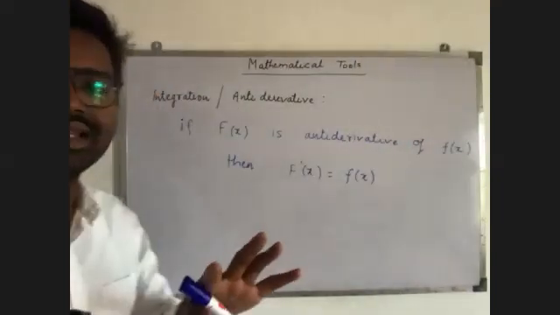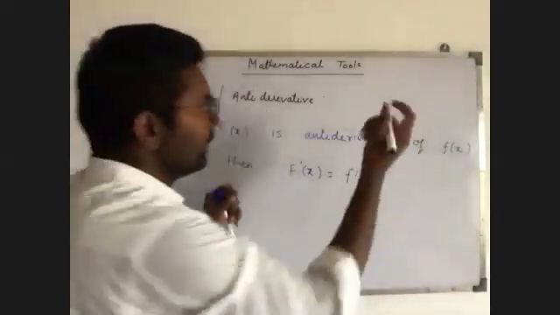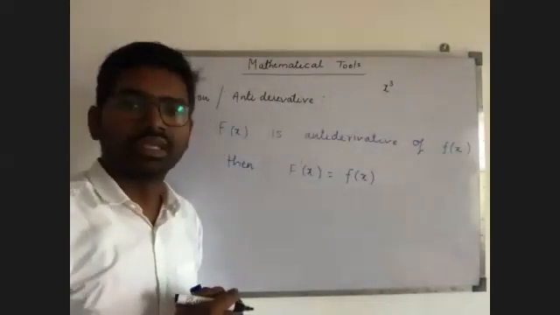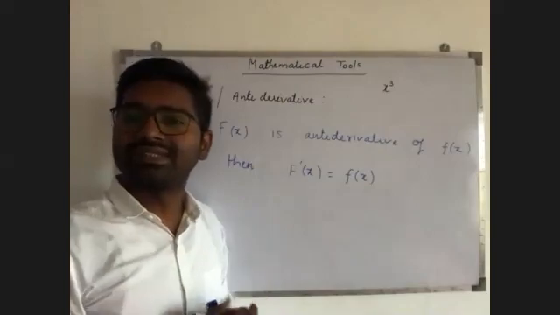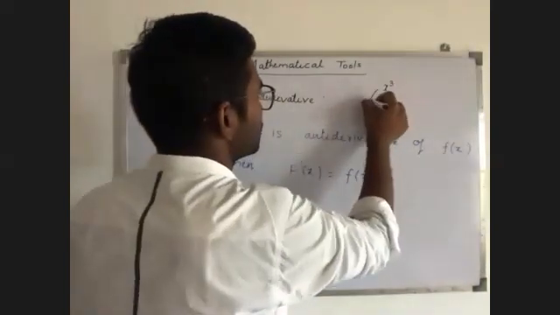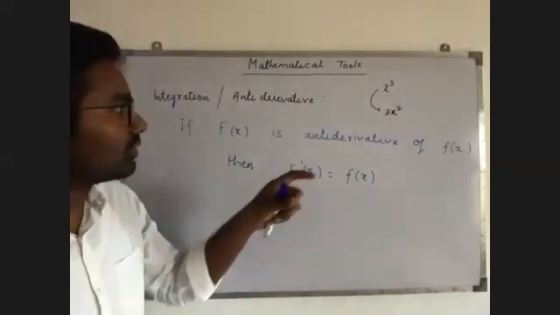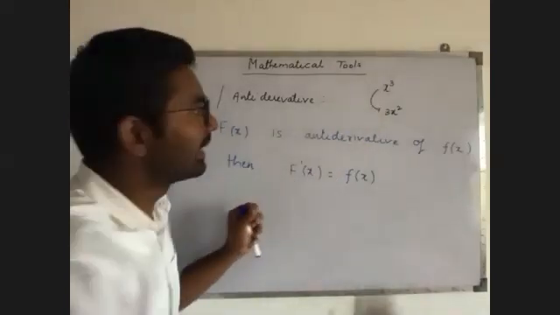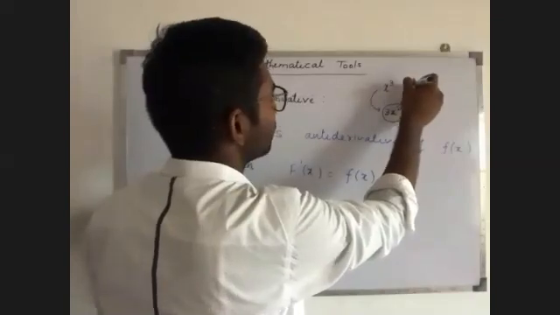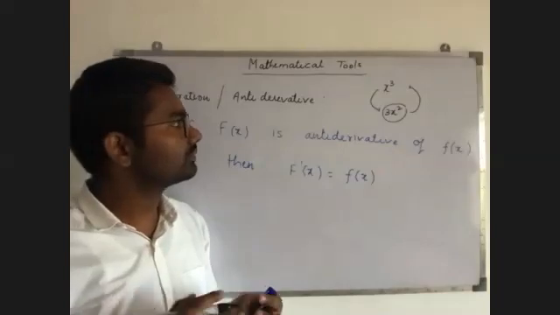Now, if you didn't understand, just look here, guys. If you differentiate x cube, what is the differentiation? 3x square, right? Now, can I say that the integration of 3x square is x cube?